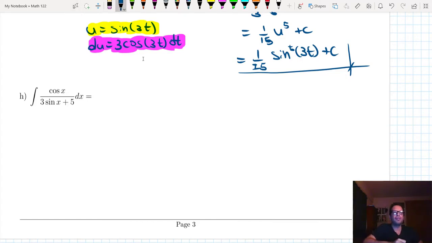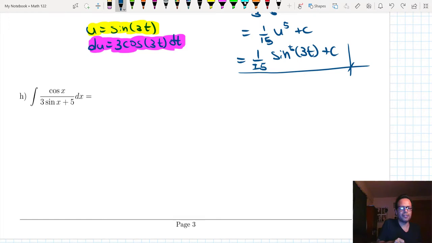For example, if we look at this, let me highlight this, 3 sine of x plus 5. Pretend the number 3 and the 5 are not there. They're just numbers, right? We would end up with the sine function only, but the derivative, which is cosine, it's right here. So it looks like the u du substitution is going to work, right, for the denominator.